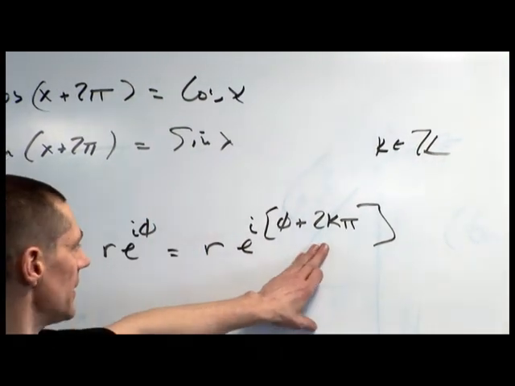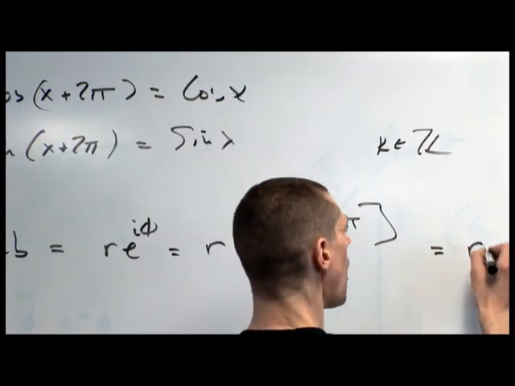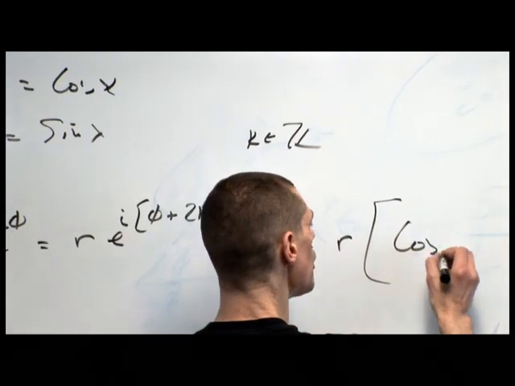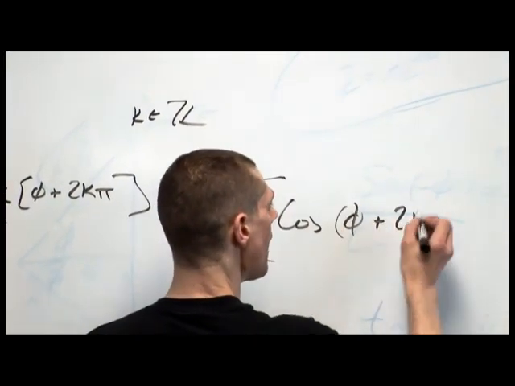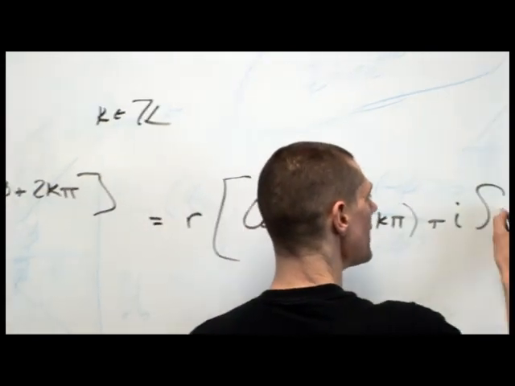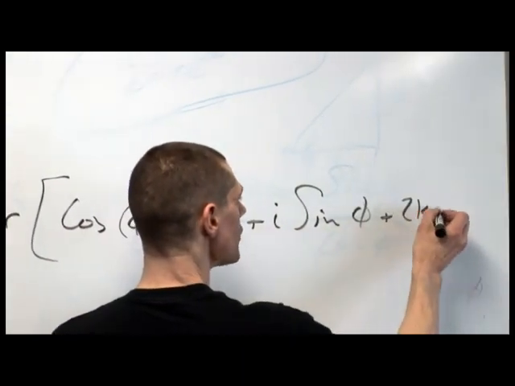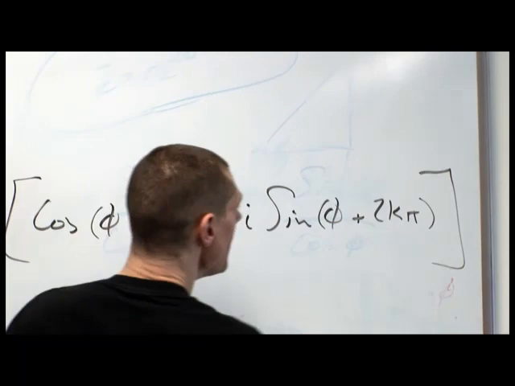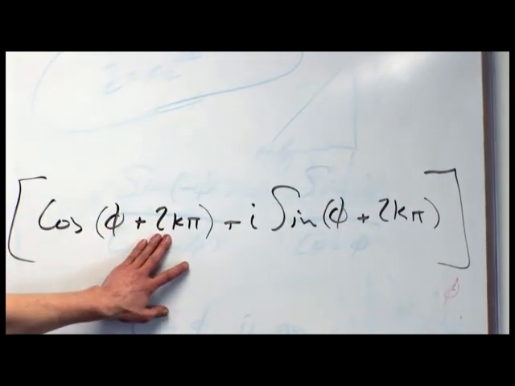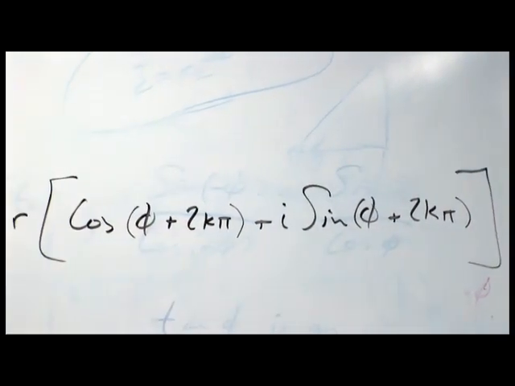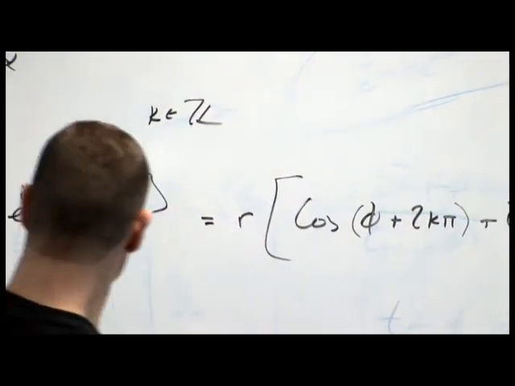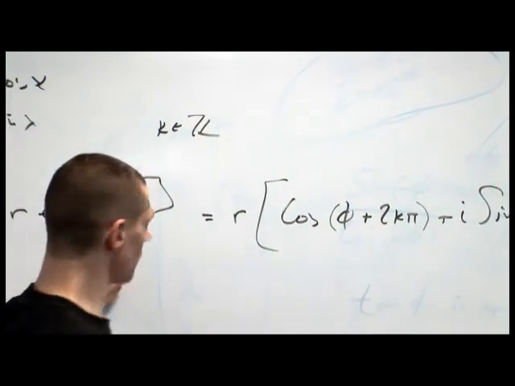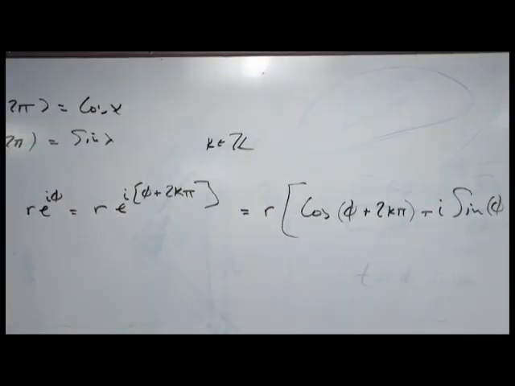Because what's going to happen is that this is just saying this is r times cosine of theta plus 2k pi plus i sine of theta plus 2k pi. As you know, for every value of k that's an integer, these are going to come out exactly the same because these are periodic functions. So this gives me a number of ways to represent each particular complex number.